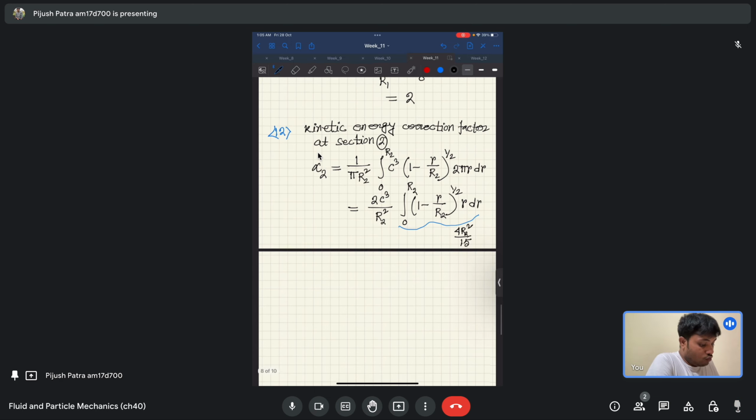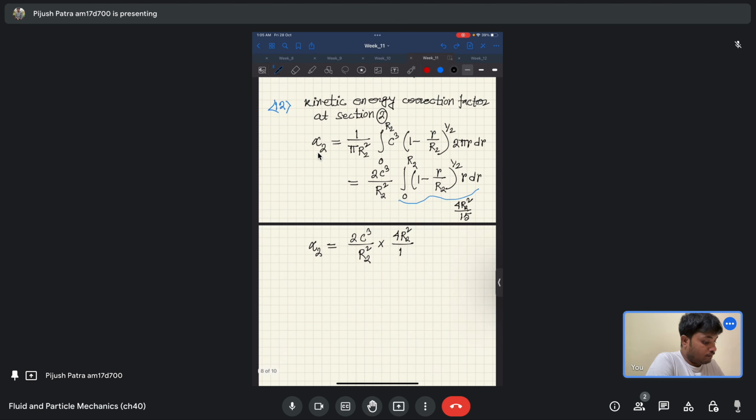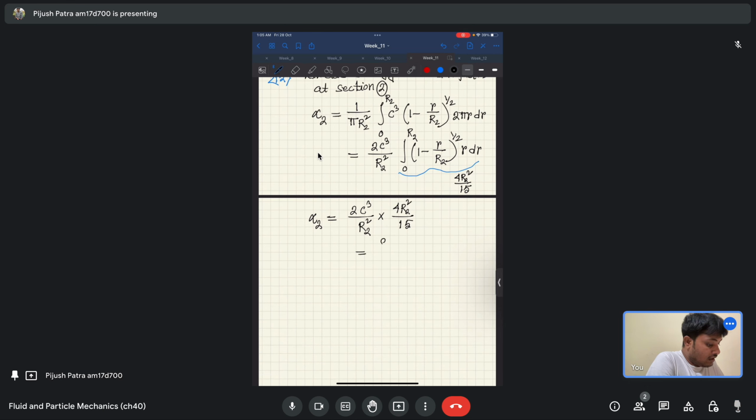Thus alpha 2 is equal to 2 c cube by r2 square into 4 r2 square by 15. So it is 8 c cube by 15.